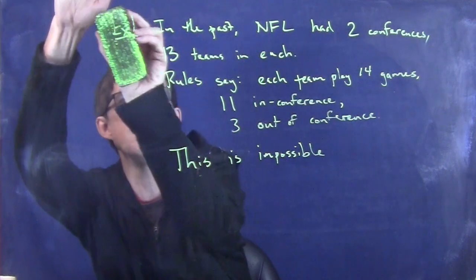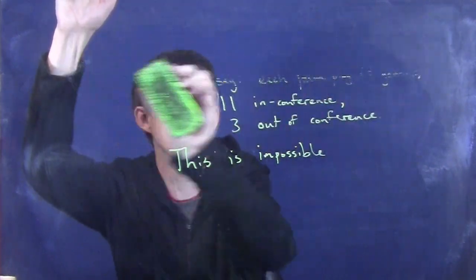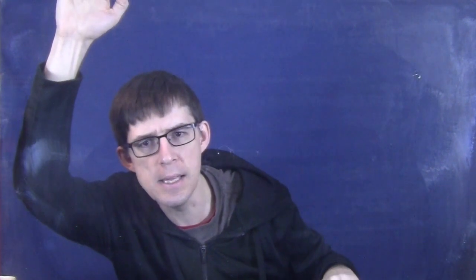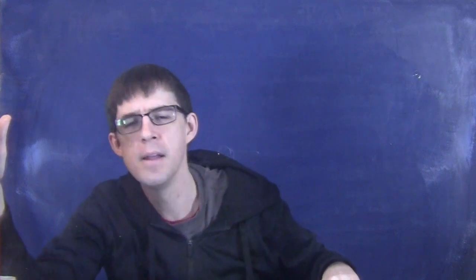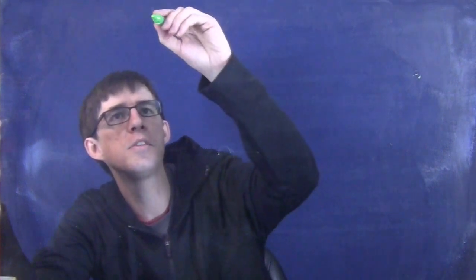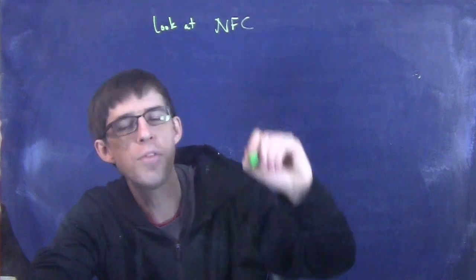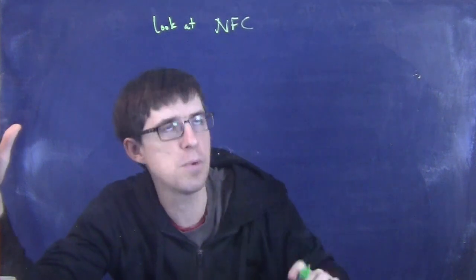Think about this as a graph theory problem. So we have to translate this into a graph. Let's just think about one of the conferences. They are the NFC and the AFC. At least I know that. I only know that because I looked up the details of this particular real-world scenario. Let's just look at, say, the NFC. Both conferences will have the same problem, but I just want to focus on one of them.